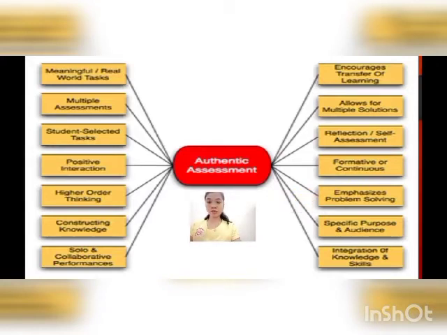And another is the specific purpose and the audience. In an authentic assessment, there is a specific purpose, of course, and an audience. Its purpose is for measuring student learning by providing developmentally appropriate, student-centered, active learning strategies that help students develop lifelong learning competencies, such as effective decision making, communication, and cooperation.